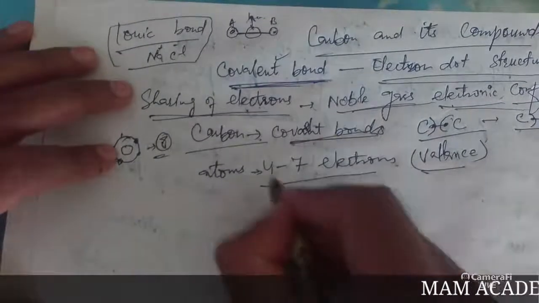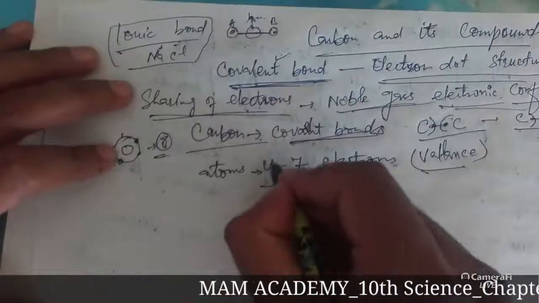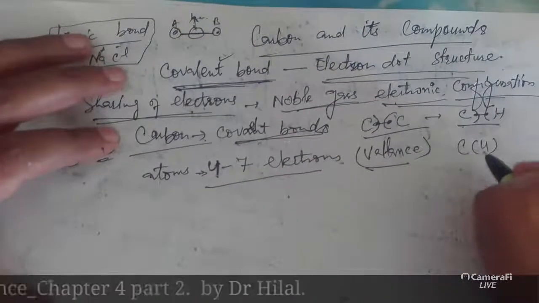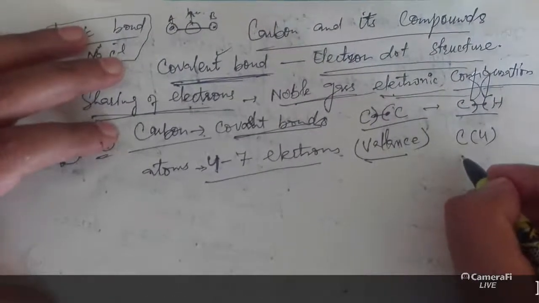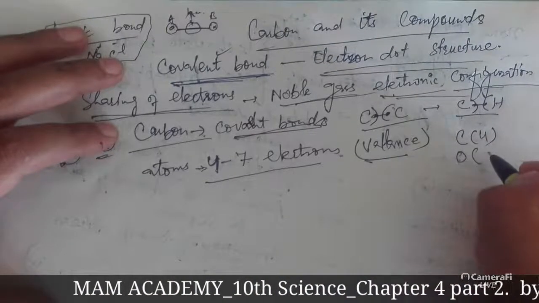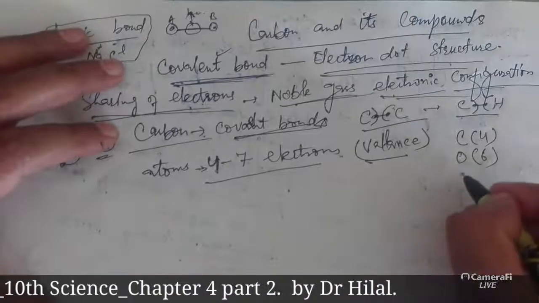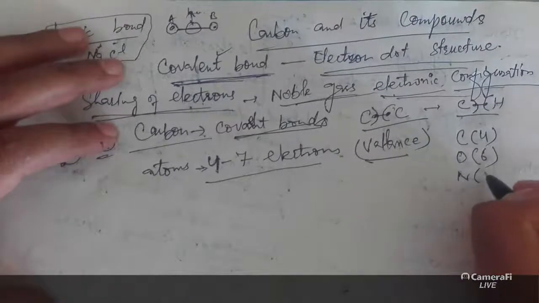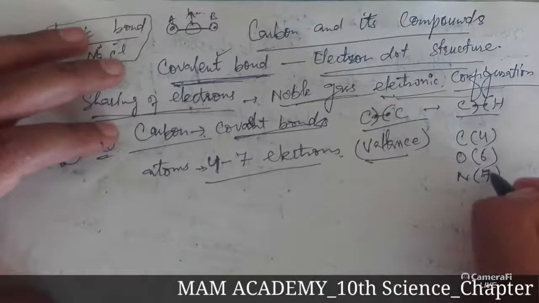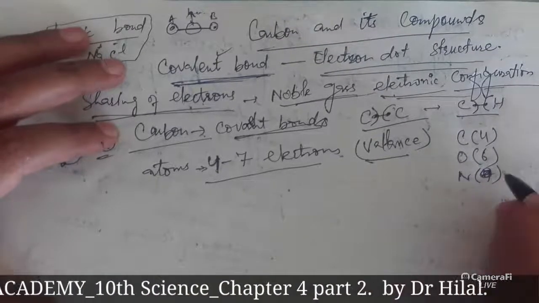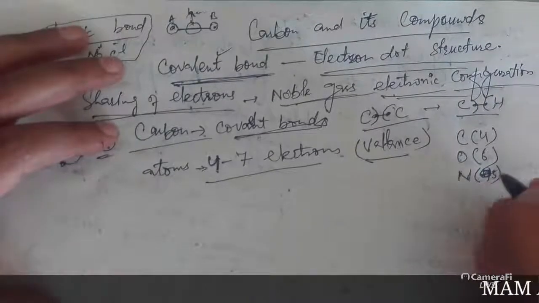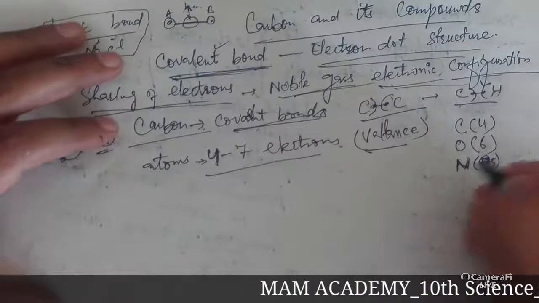For example, carbon has 4 electrons in its outermost shell. Oxygen has 6. Nitrogen has 5 electrons in its outermost shell, so valence electrons are 5 for nitrogen.